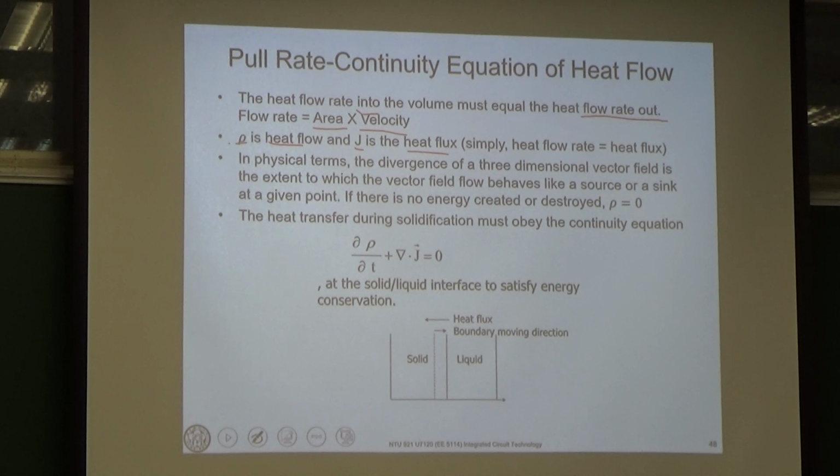In the physical world, there's a divergence of a three-dimensional vector field. But here we can just describe this in one dimension, for example the x direction only. But remember, it's basically a three-dimensional divergence.